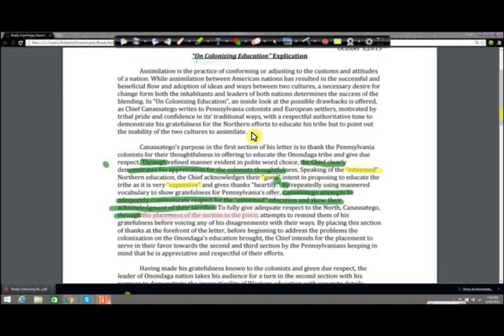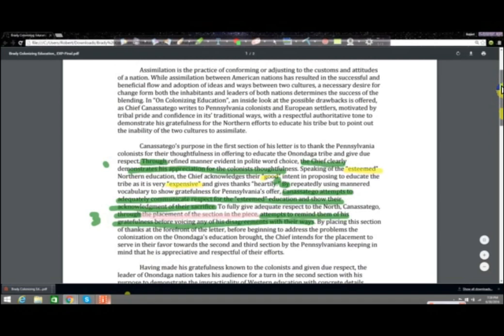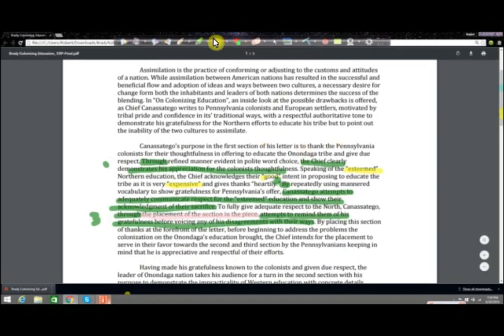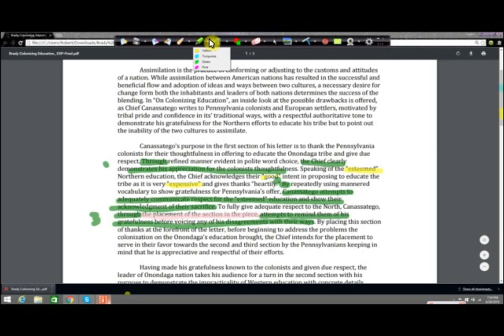Then right after that, you have exactly what the author is trying to do. This is explicating sentence number 3. Now, by now you should have a little bit of a vague understanding of how explicating works. It's pretty simple. It takes a little bit of getting used to, but it's easier the more you do it.